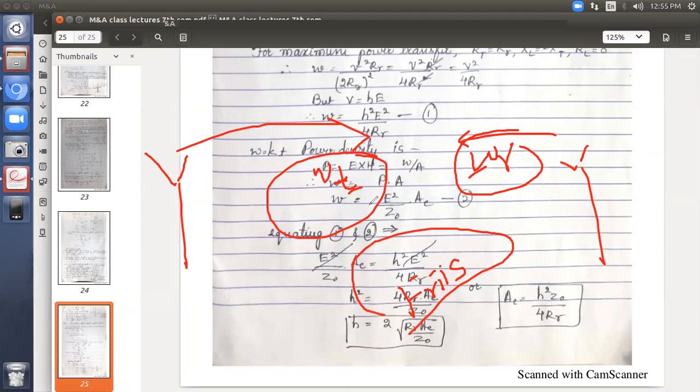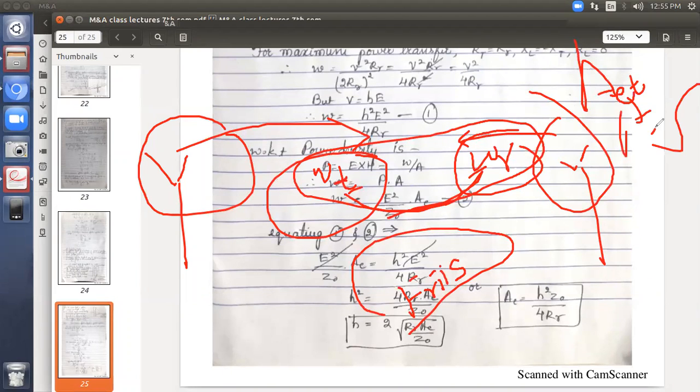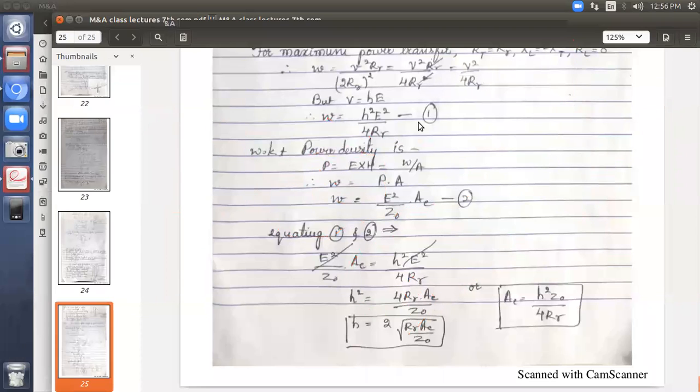The Friis formula will give you the relation between these two powers in terms of the antenna apertures. Aperture AET indicates the transmitter, AER indicates the receiver. So the Friis transmission formula will give you the relation between the radiated powers transmitted and received in terms of their apertures and in turn gain values GT and GR. Okay. So in the next class, we will be dealing with the Friis transmission formula. Fine.